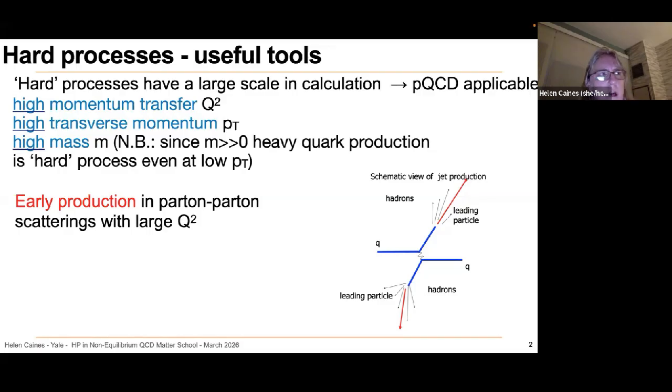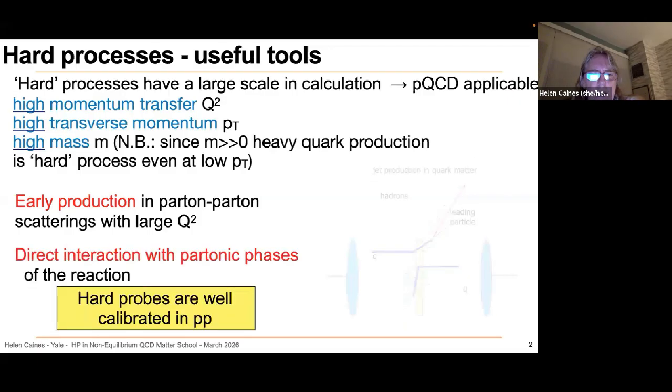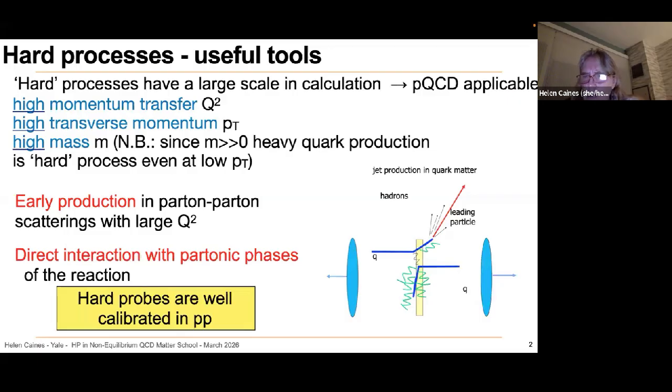Occasionally when a proton-proton or a p-gold collision happens, you have a parton-parton interaction with a large scattering, as indicated over here. The partons come in along the beamline, you have a hard scattering, and partons come out back to back in the transverse plane. As they come out, they make a stream of particles, because you can't have a colored object.